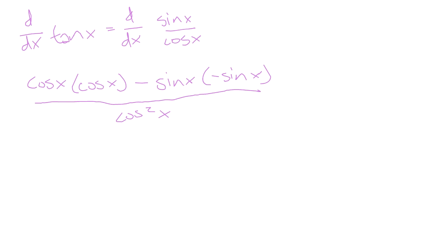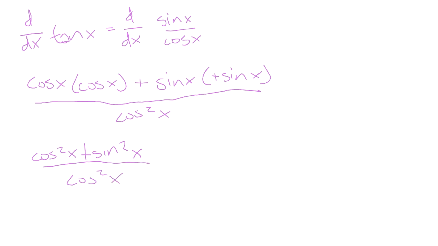So now if we combine this a little further, we can say that we have cosine squared of x minus sine of x times negative sine of x. So we can actually go ahead and cancel these negatives. So we get plus sine squared of x all over cosine squared of x.